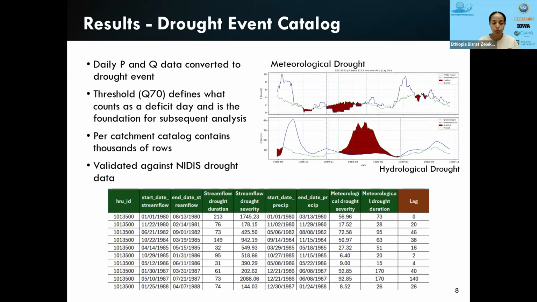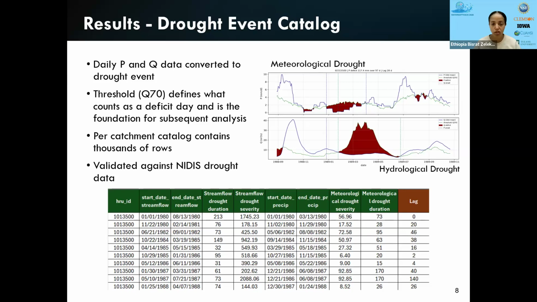To show you a brief overview of what the event catalog looks like, at the bottom you see multiple HRUs with their own start and end event dates. This is essentially developed for all catchments in the CAMELS catchments that we identified, as well as all events within the training window. At the top, you see a sample data, which is essentially showing you one row.